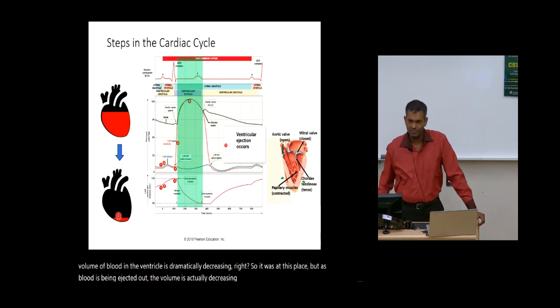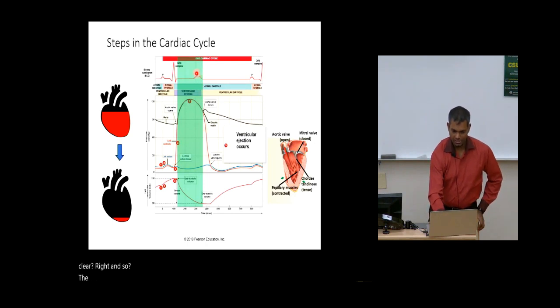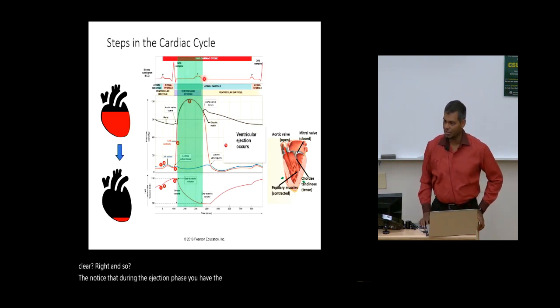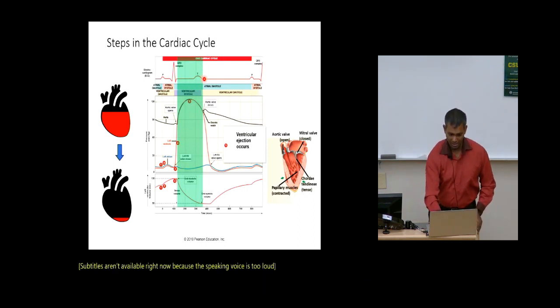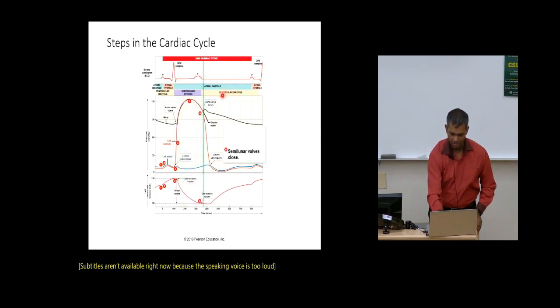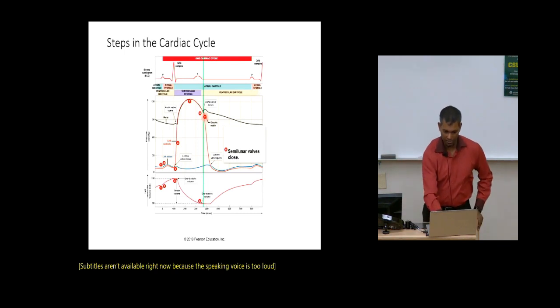So this is step 5. Are we clear? All right. And so notice that during the ejection phase, you have the T wave also happening, which means the ventricle will now start repolarizing, and thereby it starts the ventricular diastole, shown right here. During the ventricular diastole, notice that at some point the ventricular pressure finally drops below the aortic pressure.